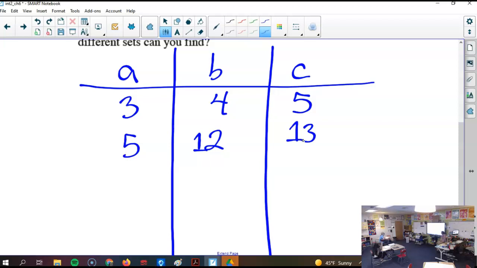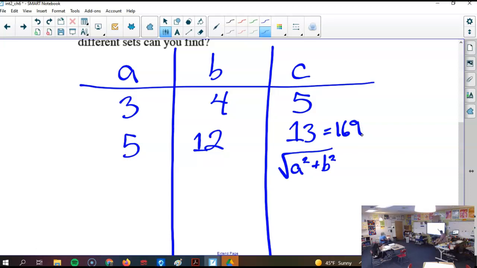You nerd! So wait, C is the square root of A squared plus B squared. And that's how we figured this out, because we knew that 169 was a perfect square.